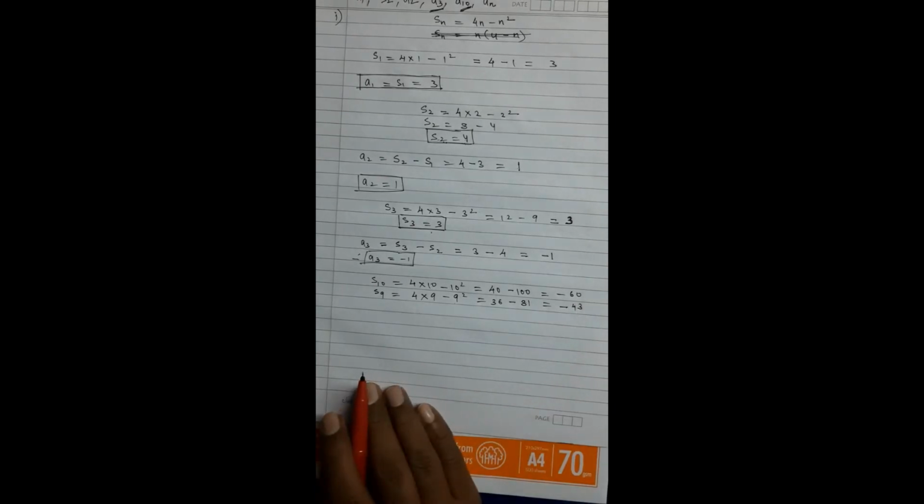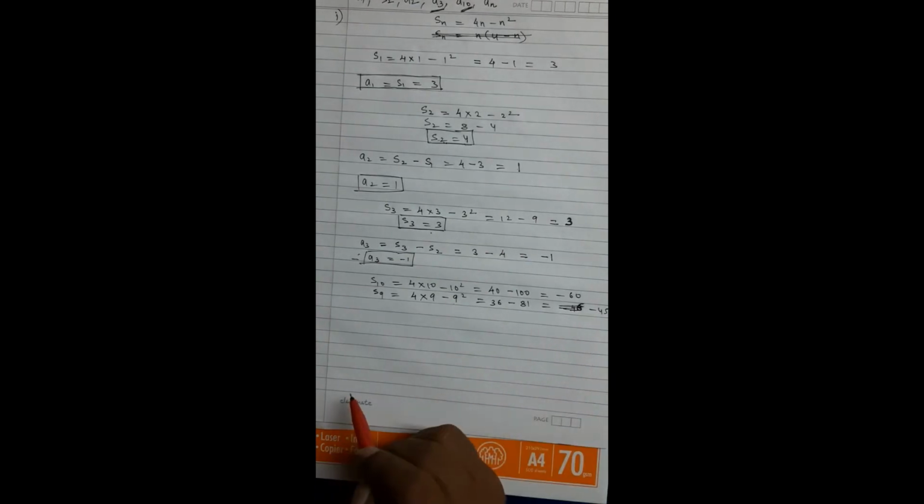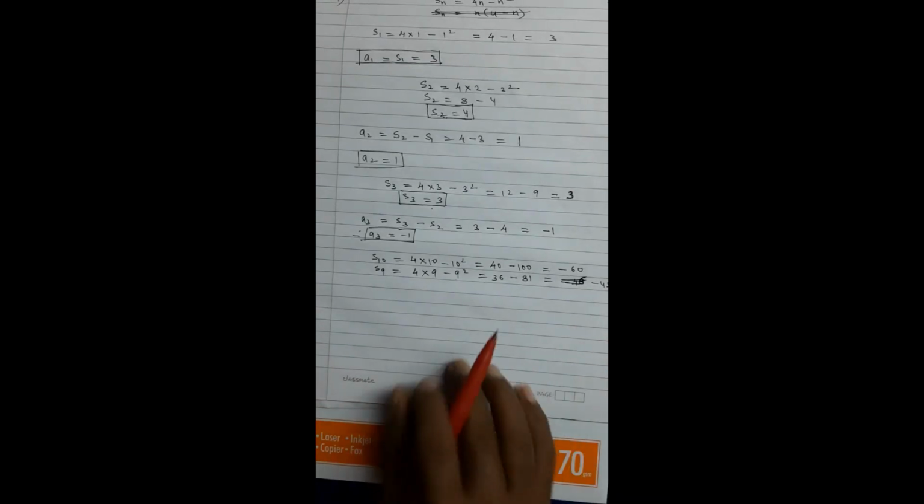No, let me count again. It is 46. Sorry, my dear student. It is still coming out wrong. What am I doing? 36 minus 81, that is minus 45. Really very sorry for this. That is minus 45. So you have understood now, I'm sorry.